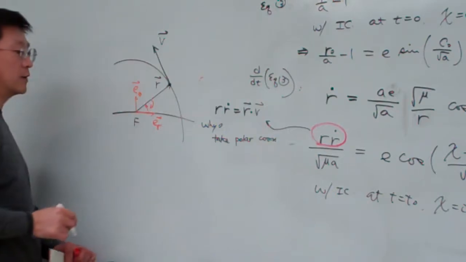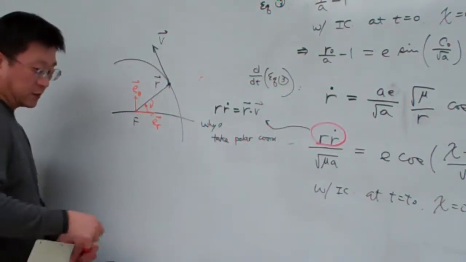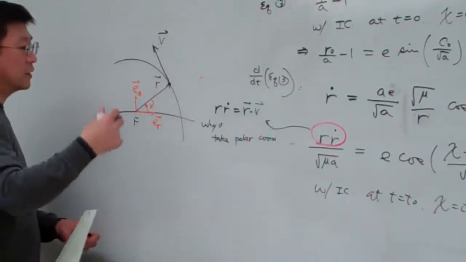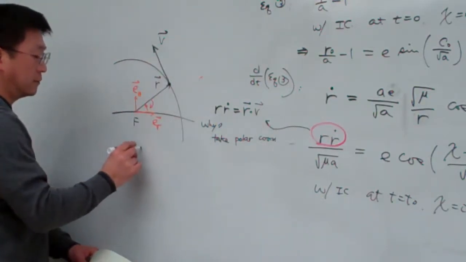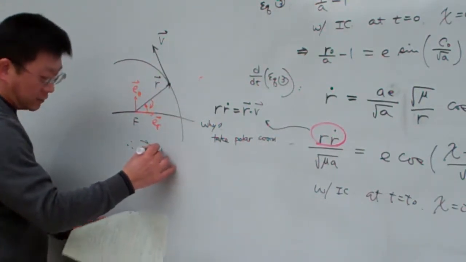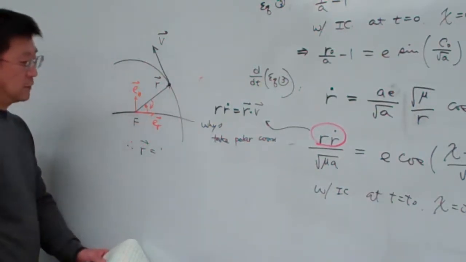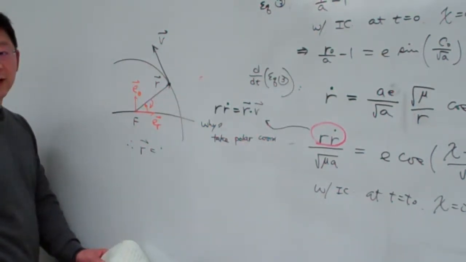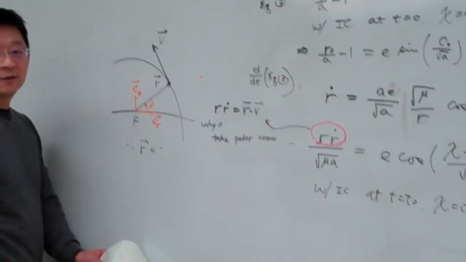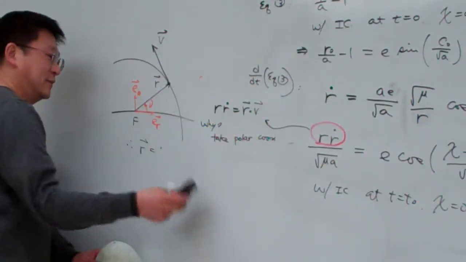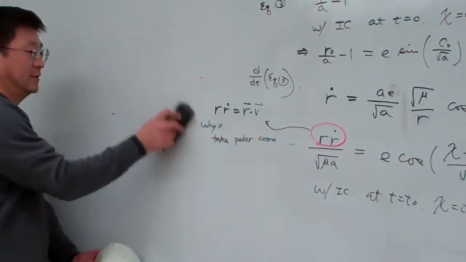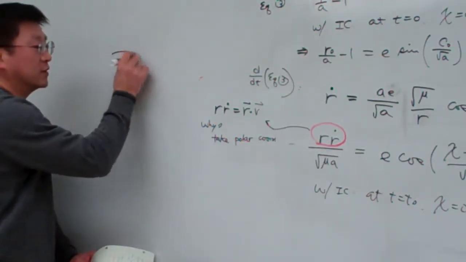Let me take this one. Okay, so under these situations, R can be expressed as... sorry, I made a mistake again. The first one is correct.